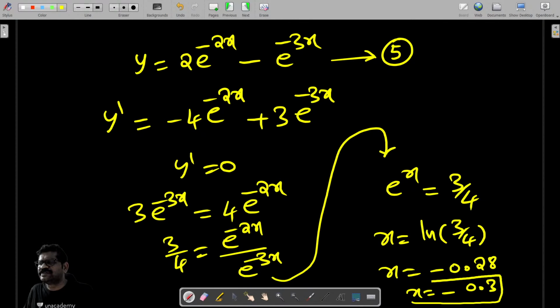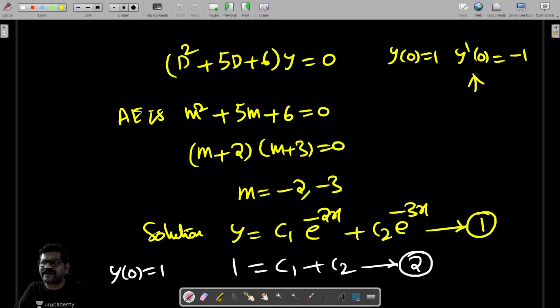So the answer is minus 0.3. Anyhow, at x equal to minus 0.3, if you calculate y double dash, it will be negative, because minus 4 into minus 2, 8 will come, here minus 9 will come. The result is negative. Y double dash is negative. Therefore, the function attains maximum value at x equal to minus 0.3.